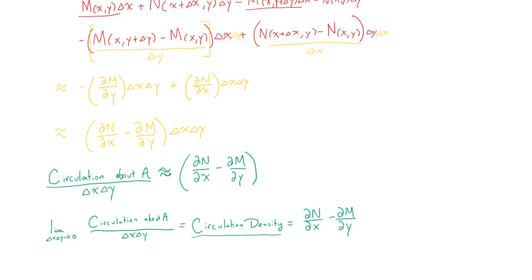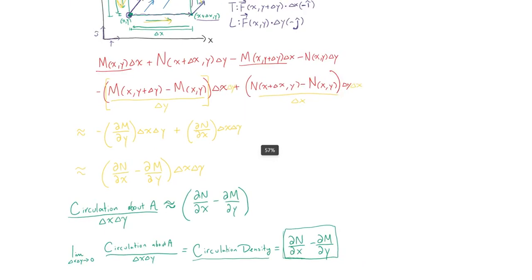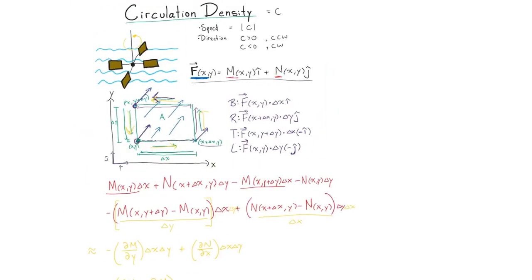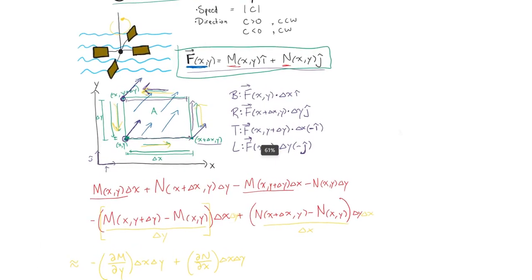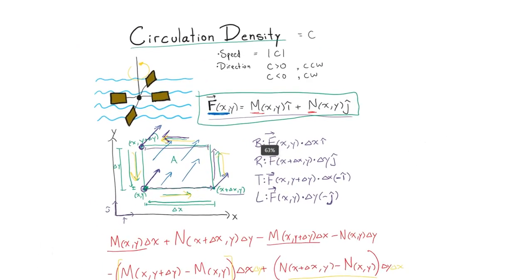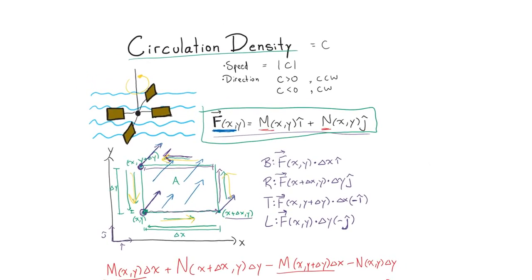And we're able to do that by computing the partial derivative of each component with respect to a certain independent variable, and then applying this operation where we have partial n partial x minus partial m partial y. So in other words, given some sort of vector field that has two components, one m and one n, we are able to find the circulation density of that vector field at any point x comma y.